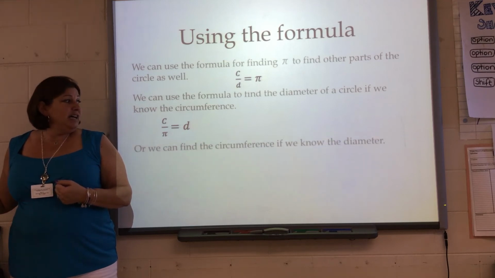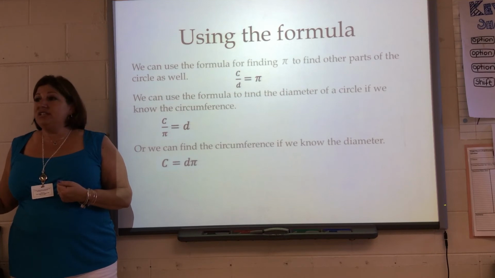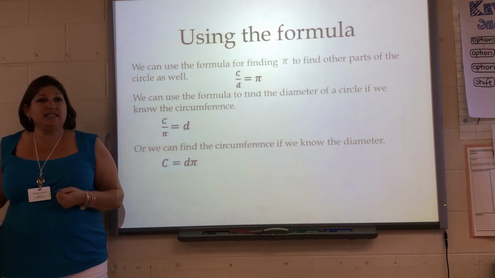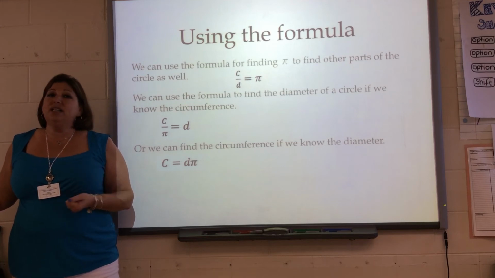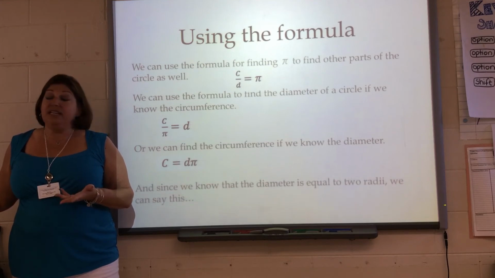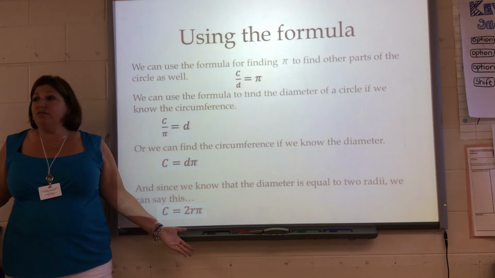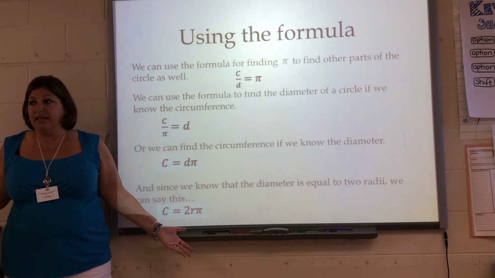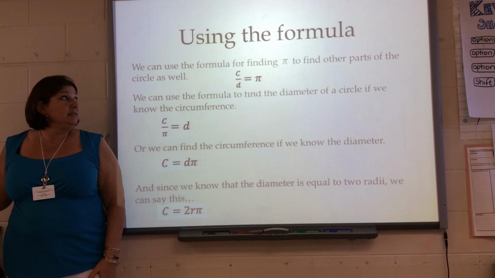If I wanted to find the circumference and I knew the diameter, then I would use this formula. The circumference is equal to the diameter times pi. And because we know 2 radii equal 1 diameter, if I'm given the radius, then I would use this formula. The circumference equals 2 radii times pi. So any of those formulas can be used to find missing pieces.